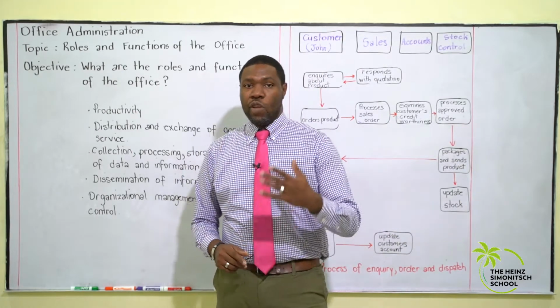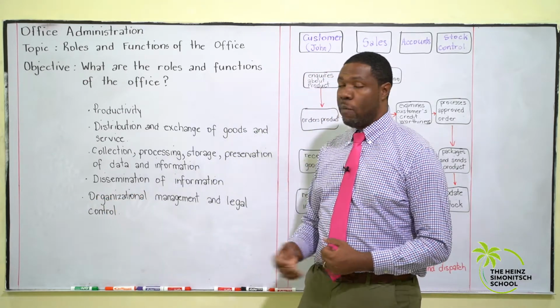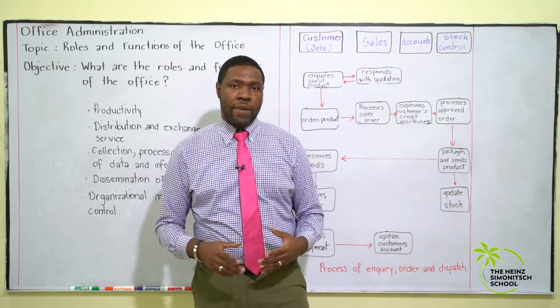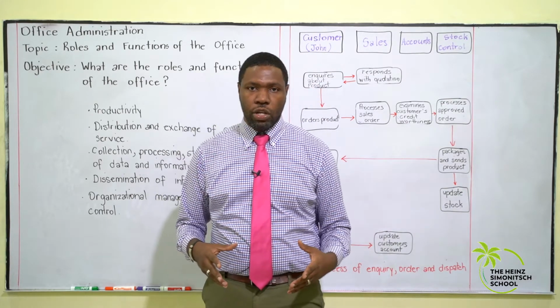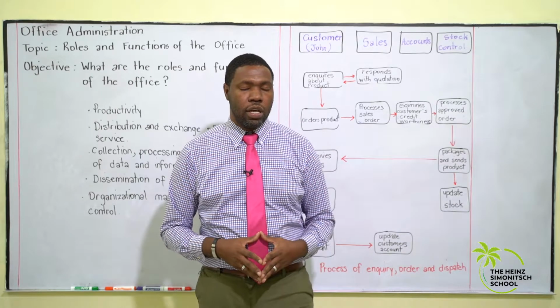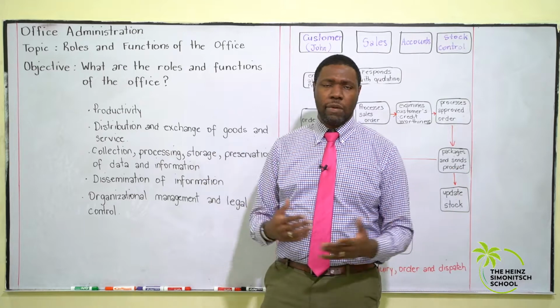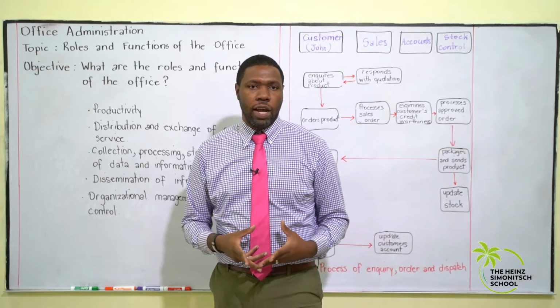Okay. This takes us now to the dissemination of information. The objective of dissemination of information is to make the information available to the intended audience. The term dissemination simply means the distribution of information, right?